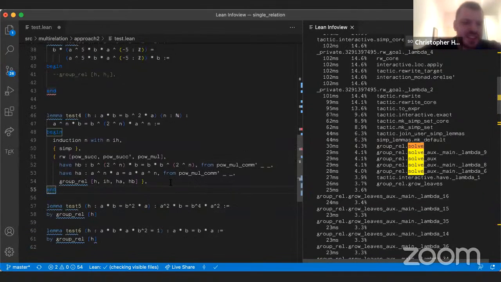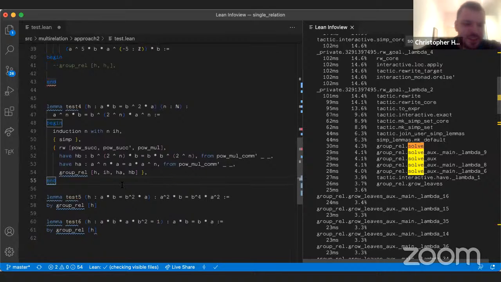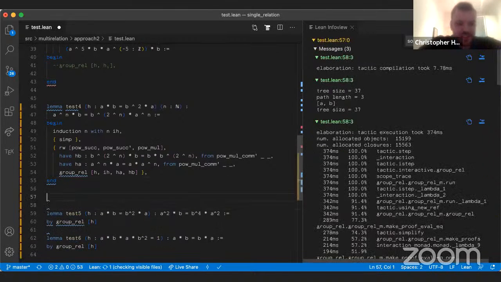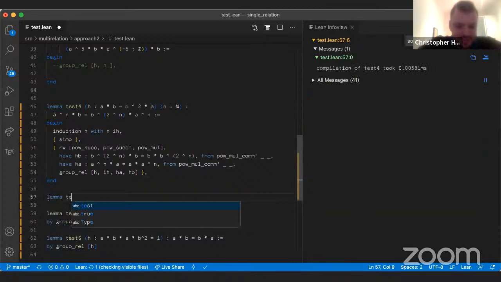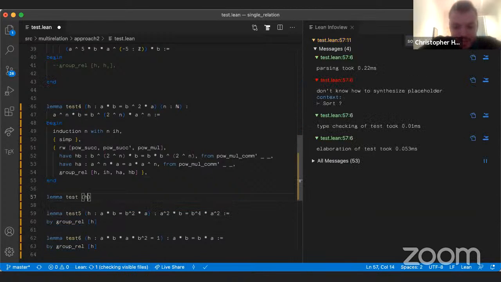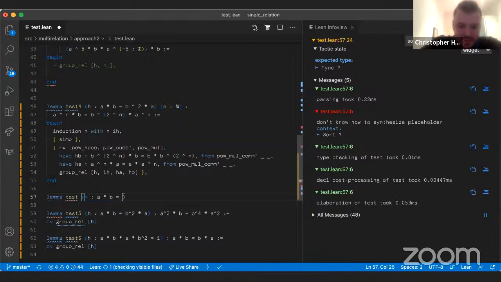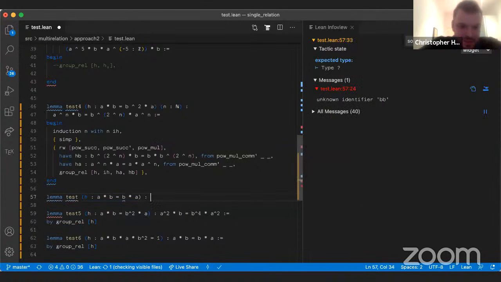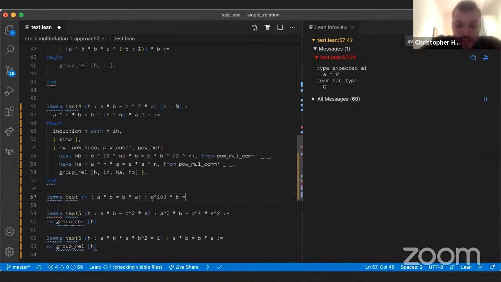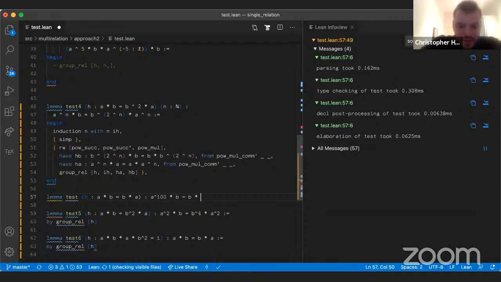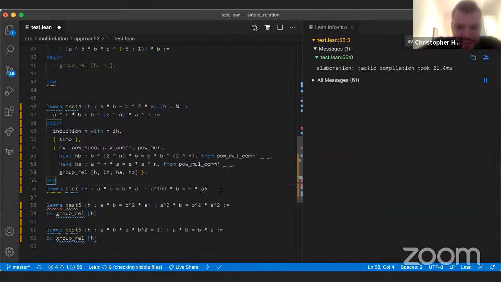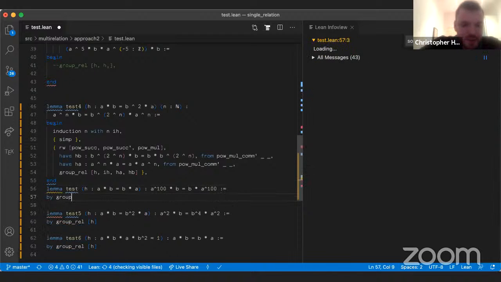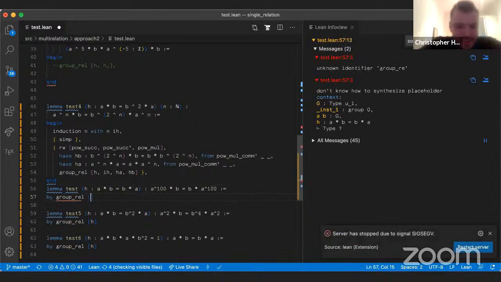So the other things it doesn't do very well is, I'll just write another test. It will handle commutativity assumptions in quite a dumb way, so maybe that could be improved as well.